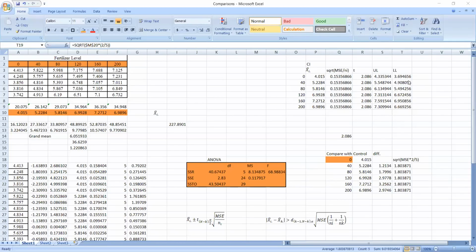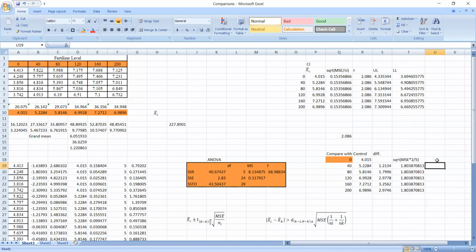So let's go back to the calculations. So from the Donet table, we have 2.61. So the D value is 2.61 from the table.